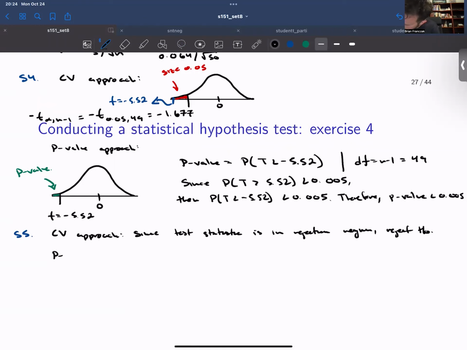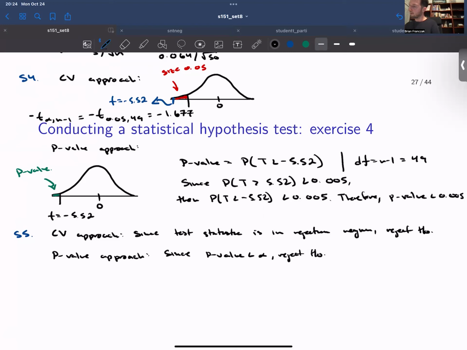If we took the p-value approach, we would say, since the p-value is less than alpha, reject H0.